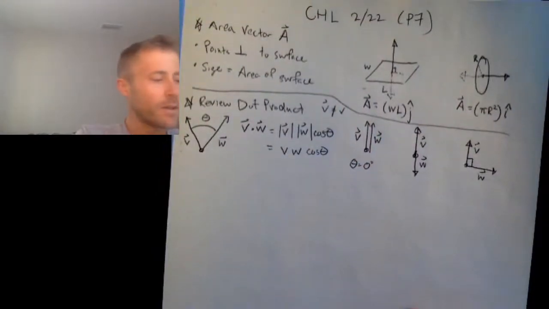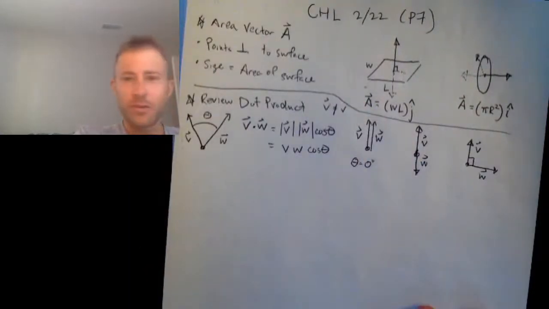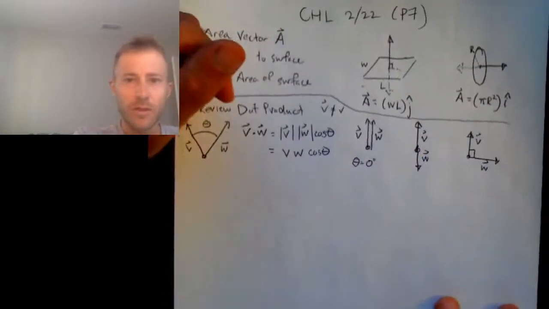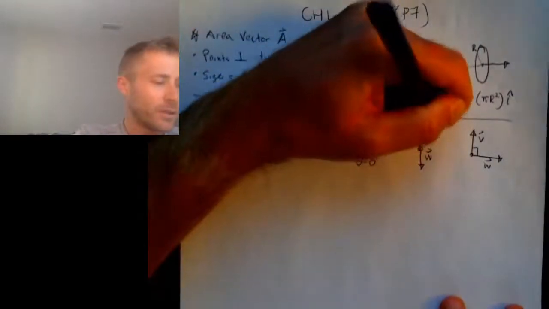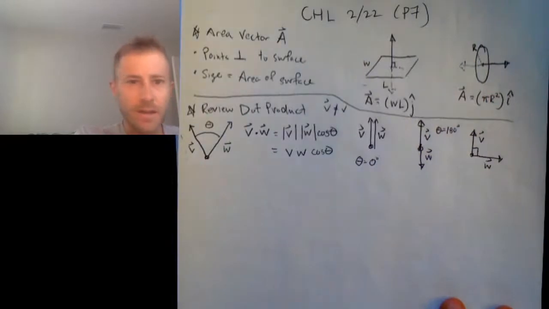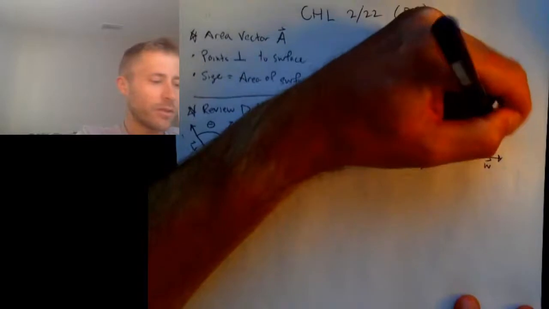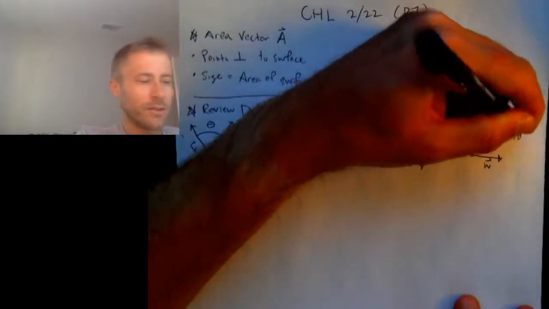If they point in opposite directions, the angle is 180 degrees. If they point at right angles, the angle is 90 degrees.